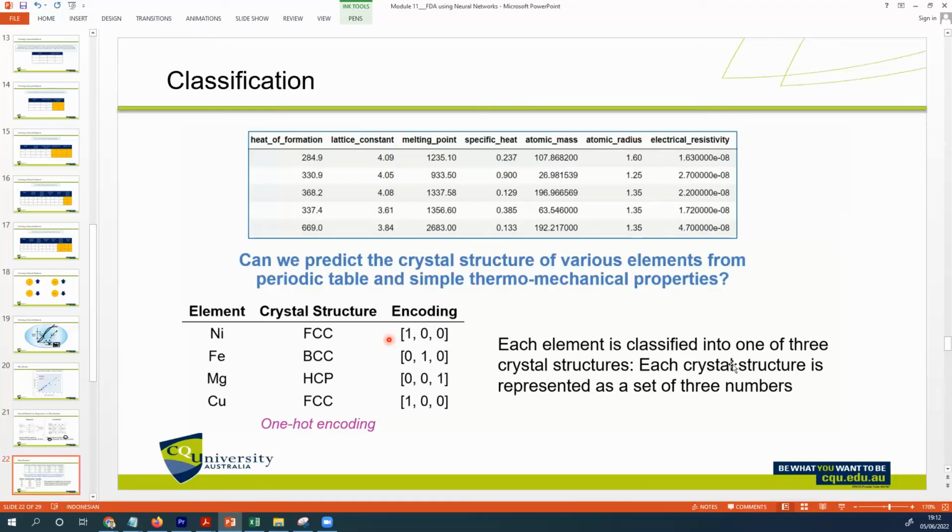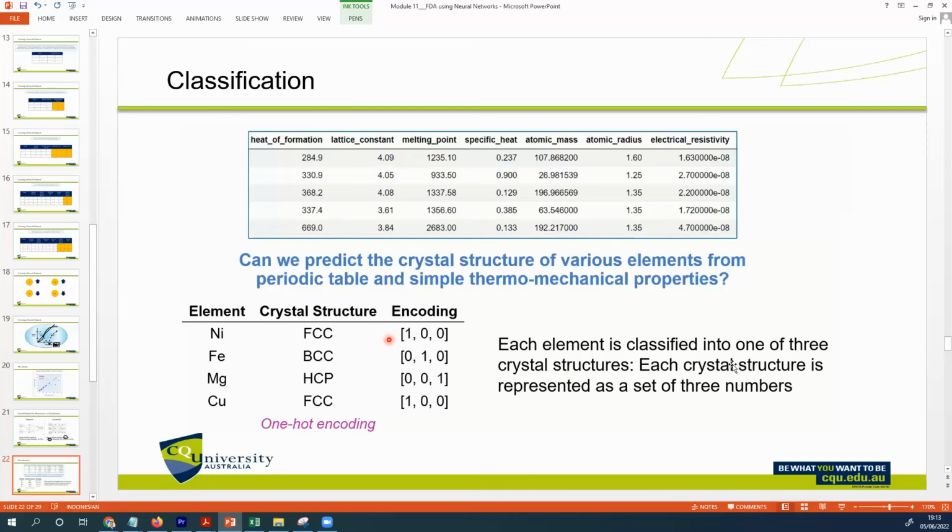Let's say in the Iris data, we predict the type of flower. Is it Setosa, Virginica?